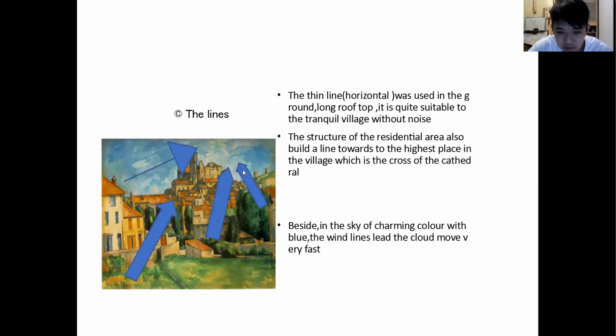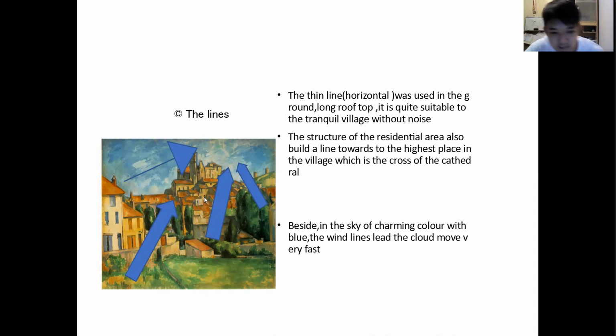And how about the lines? The thin horizontal line was used in the ground and the long rooftops. And the most attractive line is the sculpture of the residential area, which builds a line towards the highest place in the village, towards the cross of the cathedrals.